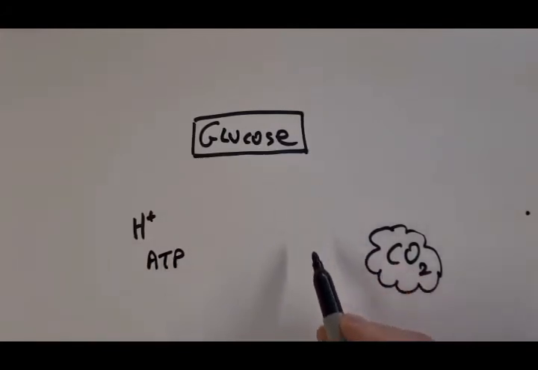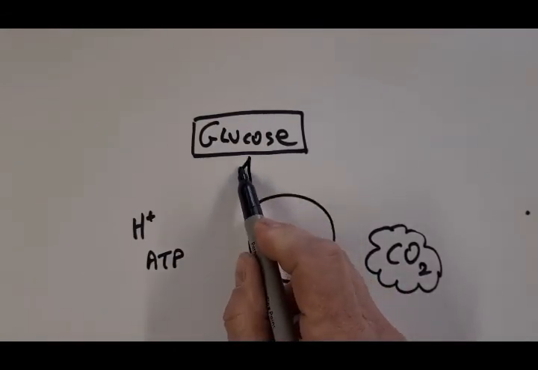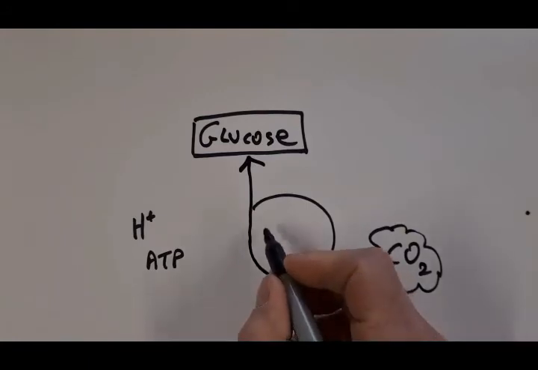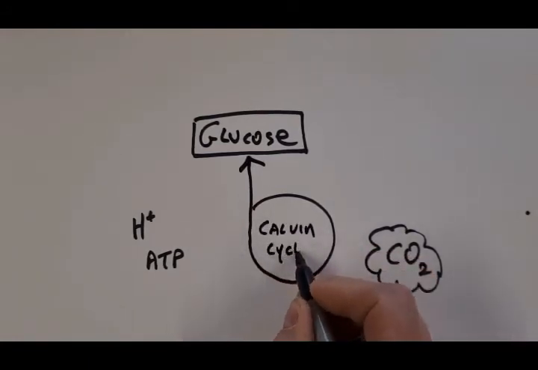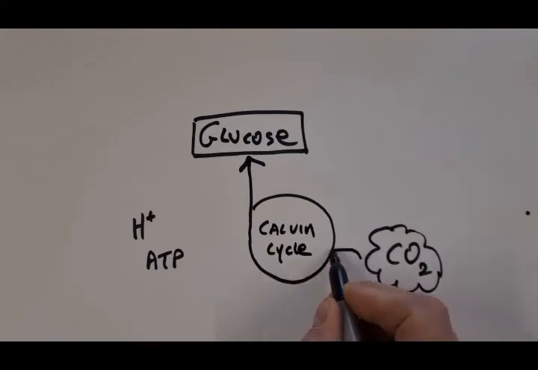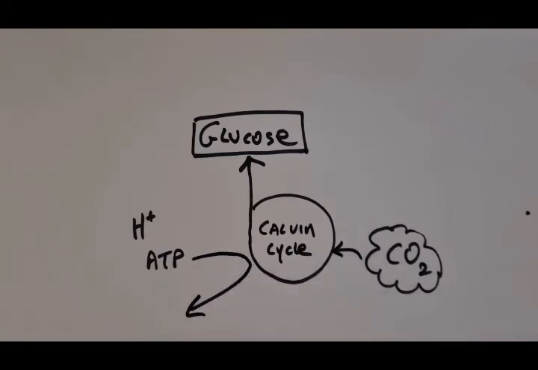Now all of this happens in a cycle of reactions. So that's often drawn like this. The cycle of reactions is called the Calvin cycle. So in the Calvin cycle, carbon dioxide comes in. Okay, ATP is used up, and that's a way of drawing that.